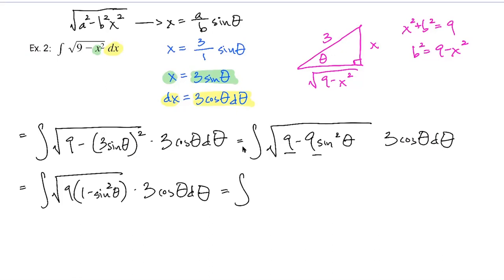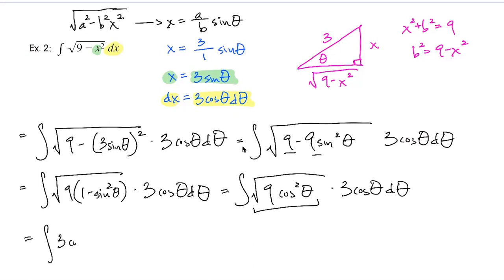And I can make my Pythagorean identity substitution. And then I can take the square root of it. Okay.